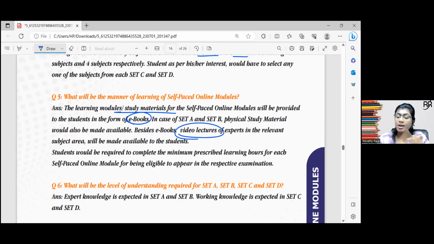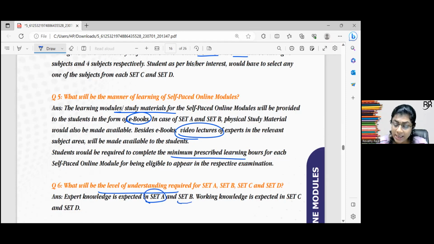We have to undergo the minimum prescribed learning hours for each module. So ICAI will provide the ebook and also the video lectures for the respective subjects, and we have to attend those lectures and complete the minimum learning hours.